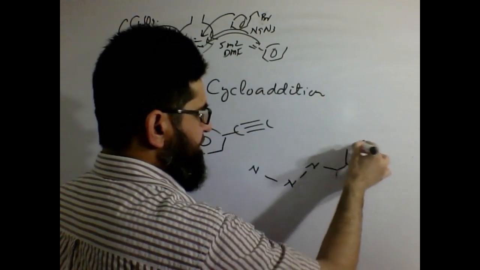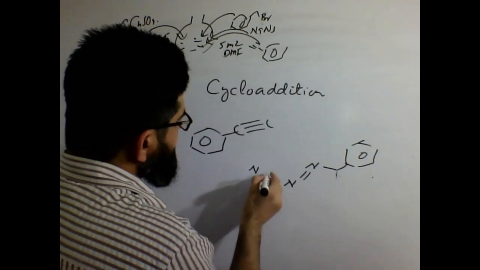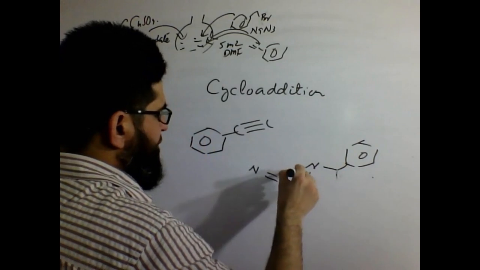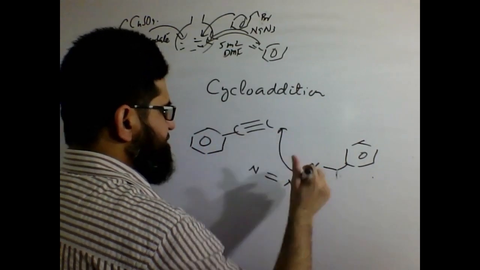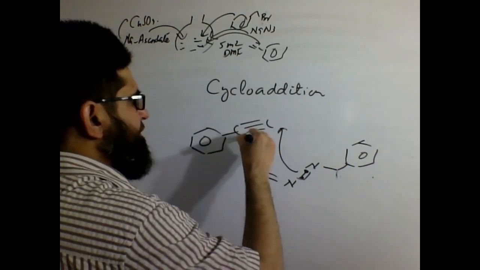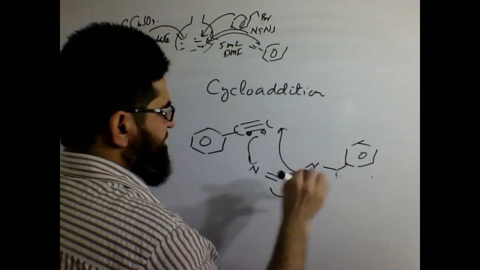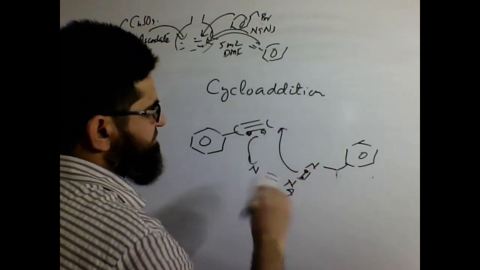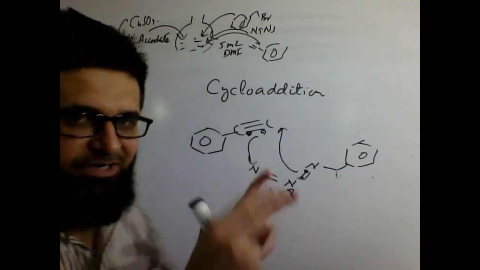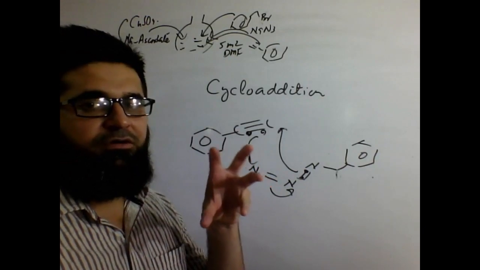It's a benzyl azide. We try to keep this bond, try to move this way, and this bond try to move this way, this moves this way. So we have a sort of a cyclic structure over here. We generate a five-membered cyclic structure here that gives you a triazole ring.